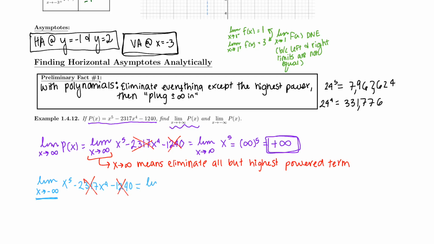So this is the same thing as the limit as x goes to negative infinity of x to the fifth. Now we can plug in negative infinity. If you take a negative number, and negative infinity is technically a negative number, and raise it to the fifth power, are you going to get a positive or negative number out? Negative. So negative infinity raised to the fifth power should be negative infinity.